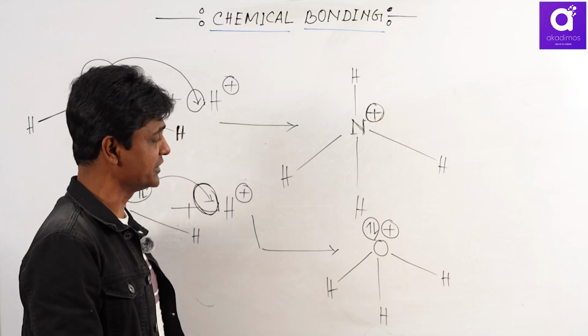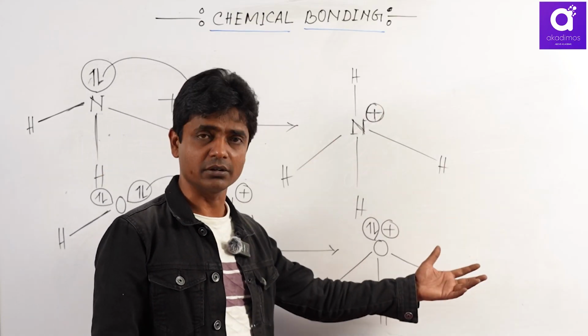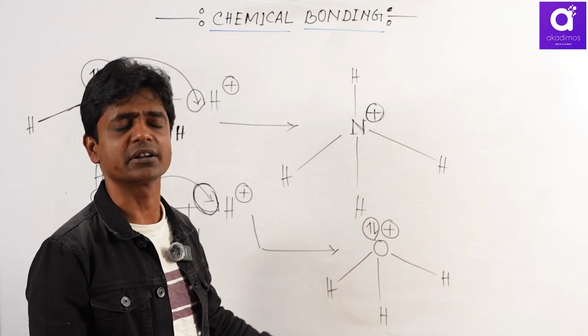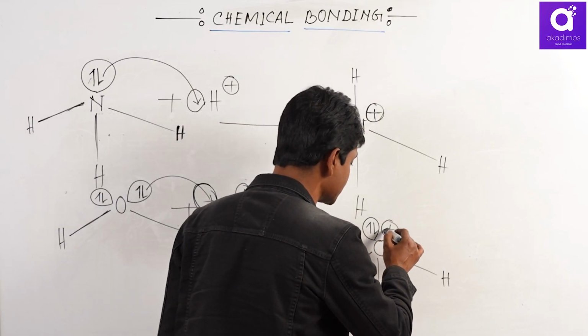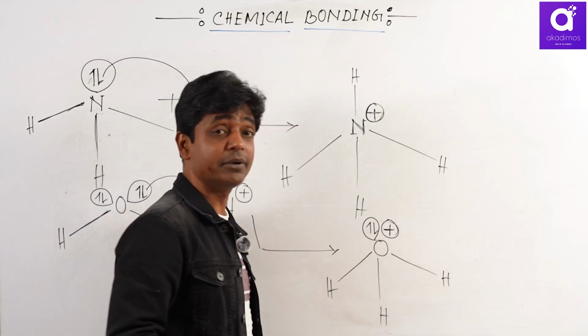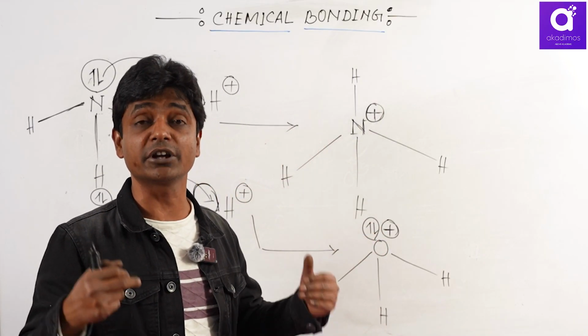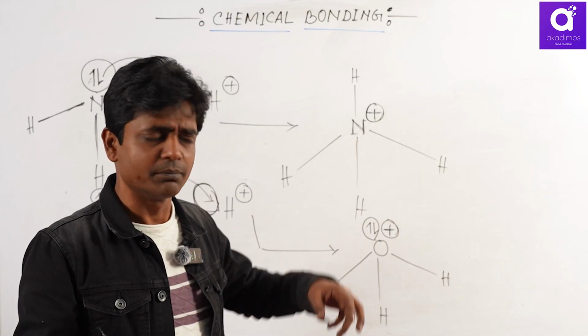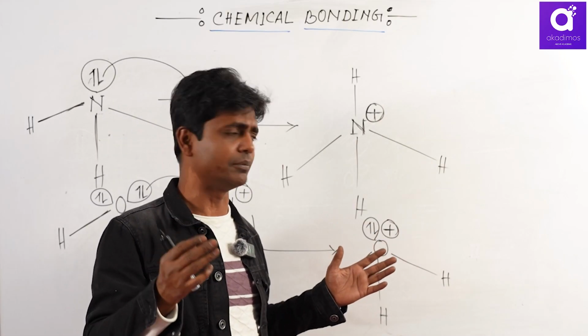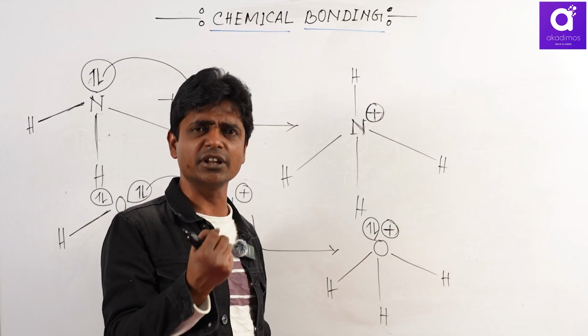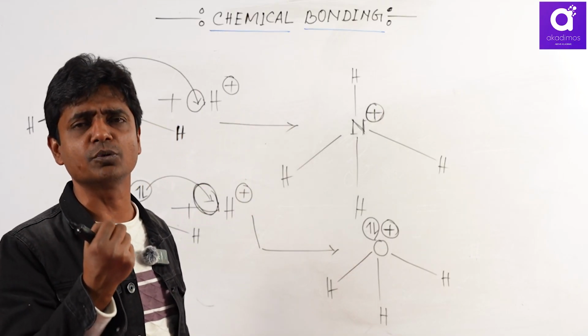Now a question may arise, can this oxygen make another sigma bond with hydrogen? Never. Remember, when the formal charge on oxygen is +1, it becomes highly electronegative. It becomes more electronegative than fluorine. Plus charge always increases the electronegativity, and this lone pair is tightly bound by the nucleus of O plus.